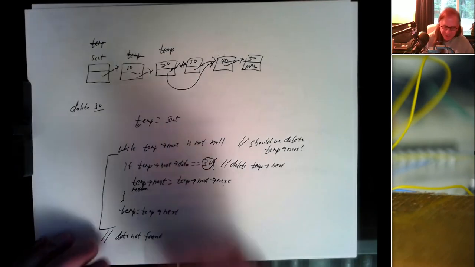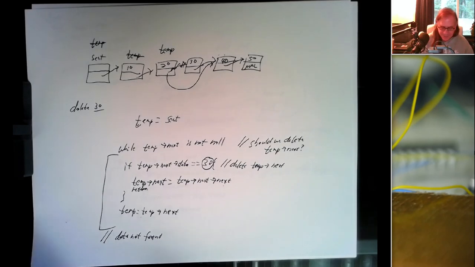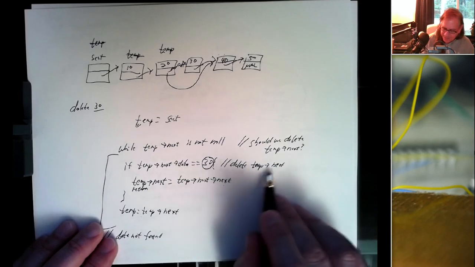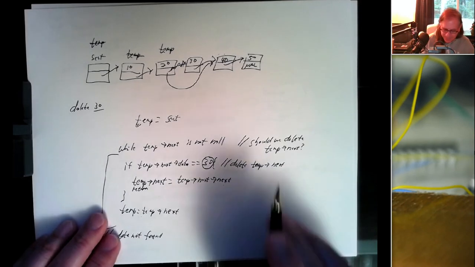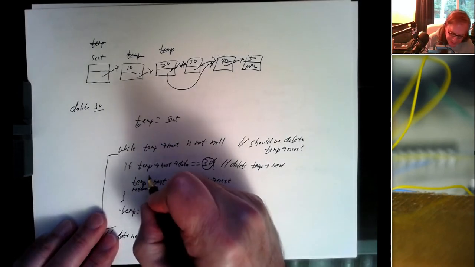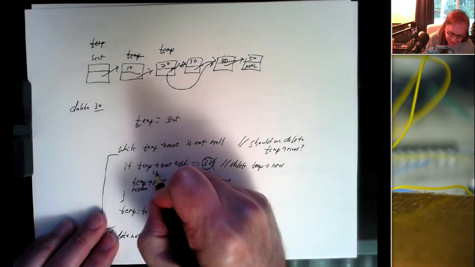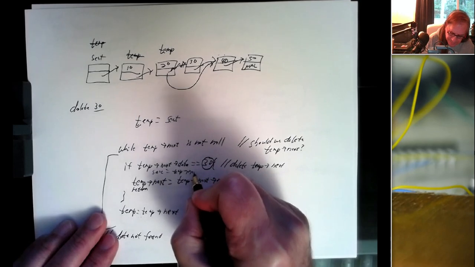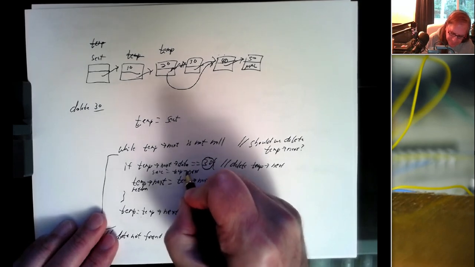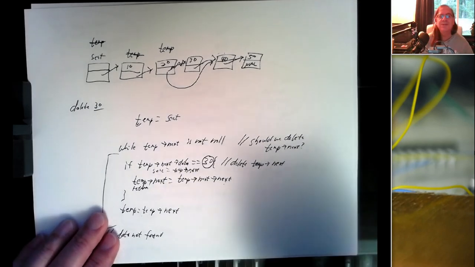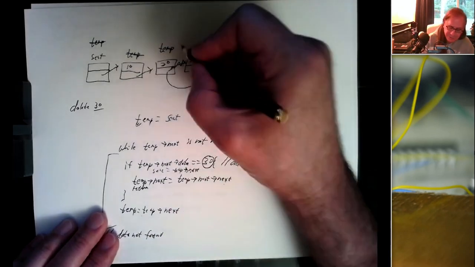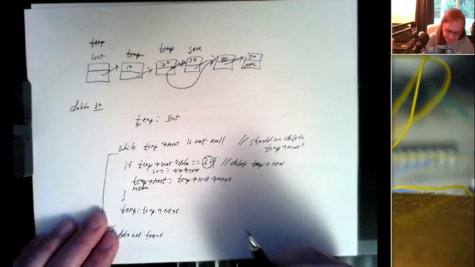So this is a really easy case to deal with. Temp next is the thing that we're deleting. So we can say something like, make a struct node, call it save equals temp next. So save will be just a temporary variable that points to the thing that we're deleting.